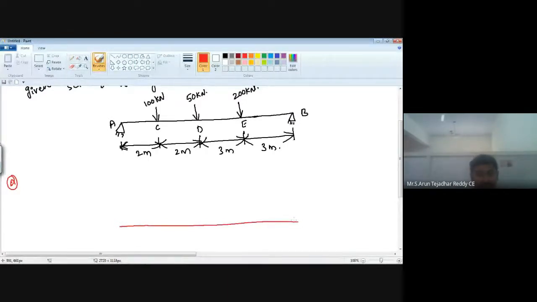Just listen, only one problem, then you can do any number of problems in this ILD. How to calculate this type of reactions, that is important. First of all, read the question carefully. Calculate reaction at B.